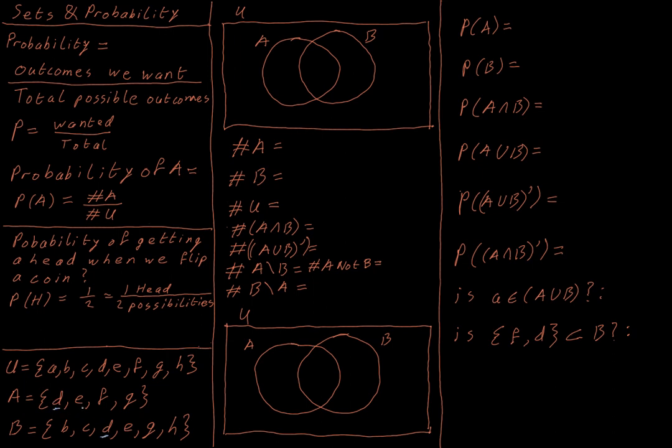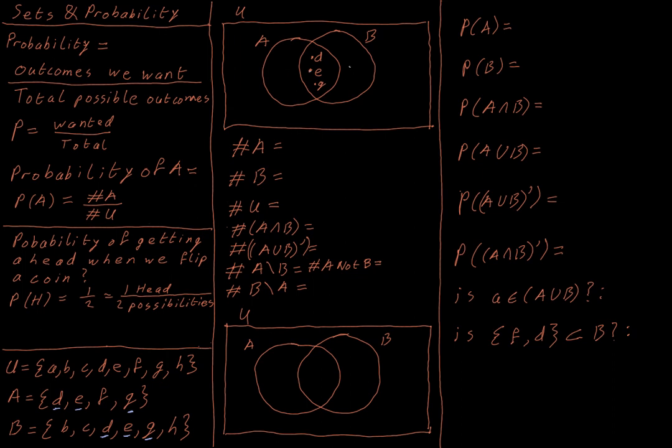So I start with the first element in A and see if it appears in B, and E is in both, and F is not there, and G is there. So I have D, E, and G all in the intersection. And I put my dot next to each one of these to indicate that it is an element of the set. So D, E, and G are elements in A intersection B.